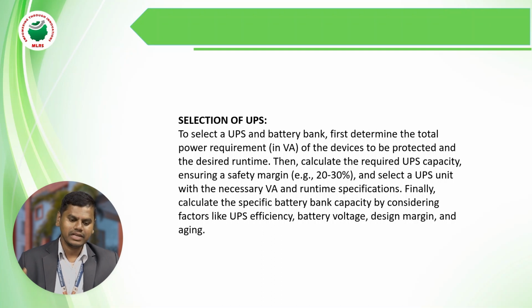Finally, calculate the specific battery bank capacity by considering factors like UPS efficiency, battery voltage, design margin, and aging. So these are the factors for the selection of the UPS.